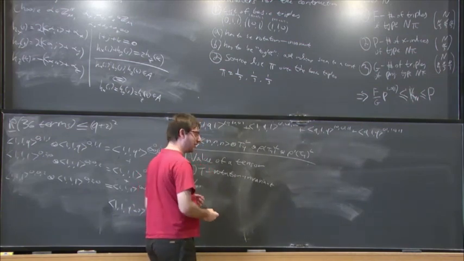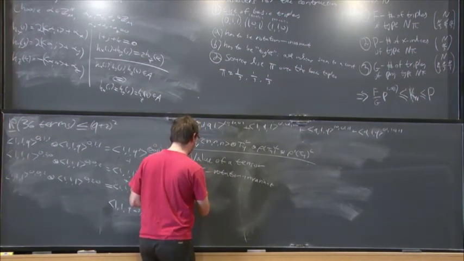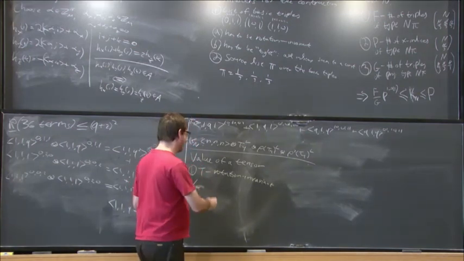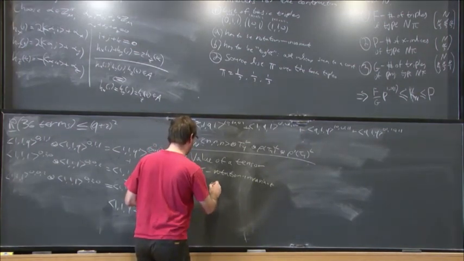So the value is going to depend in general on some parameter alpha, which you can think of as a candidate for omega. Okay, and there's an extra parameter t.